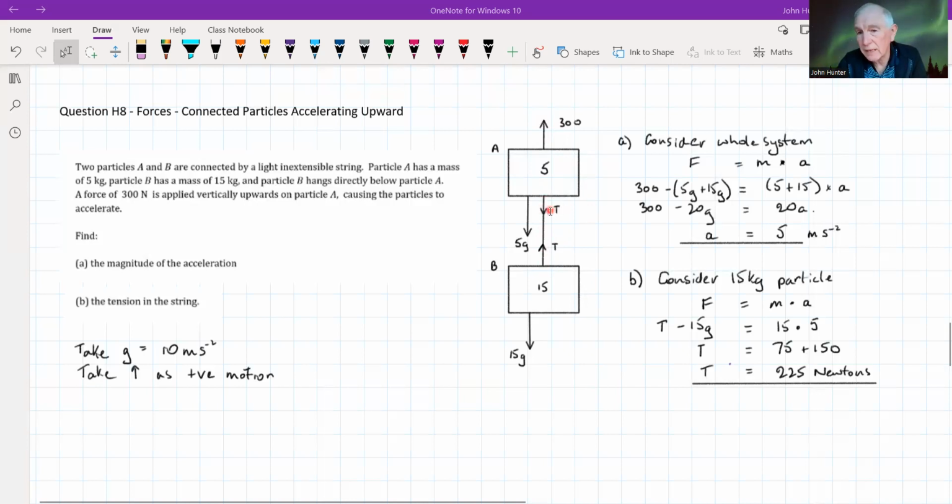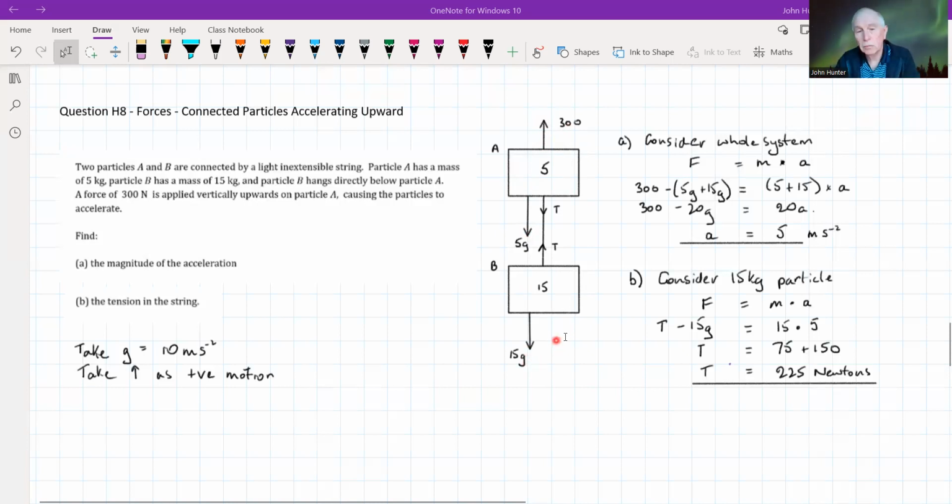The forces net out to zero anyway, because the string is light and inextensible. We've got two forces here which are going to net out to zero, so we're not interested in those in this bit of analysis. But what we are interested in is a total mass of 20, an upward force of 300 newtons, and a downward force of 5g newtons together with 15g newtons.